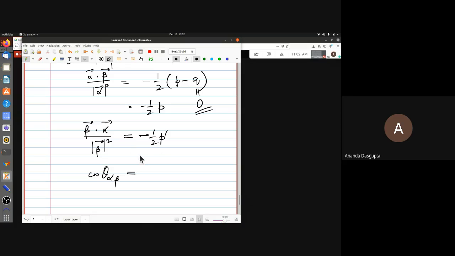Can anybody tell me what cos theta alpha beta is going to be? Cos square theta alpha beta is going to be 1/4 P P prime. What is cos theta alpha beta going to be? So in other words, what is the big amount of new information which this equation has as opposed to what this equation had for all roots?